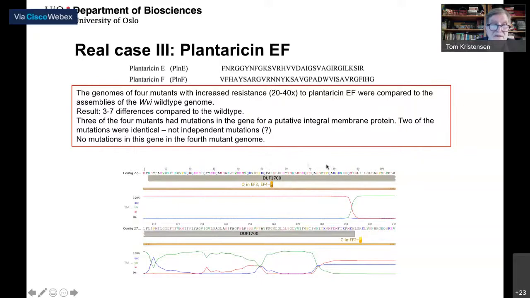So 3 of the 4 mutants had mutations in this gene, and 2 of the mutations were identical, which means that they were not independent. And the mutations led to problems in the protein. In the fourth mutant genome, we didn't find any mutations in this gene at all.